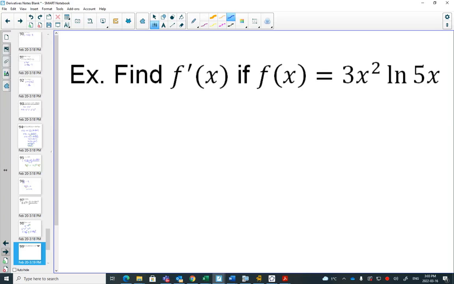Product rule, quotient rule, chain rule. Are you starting to notice that the most important thing first is to see if there's a product rule or a quotient rule? Yes. So do we have a product rule or quotient rule here? Yes. Now we have to decide where that product dot is going to be. Right? We could put it, that's not a good choice. Okay? Also not a good choice.